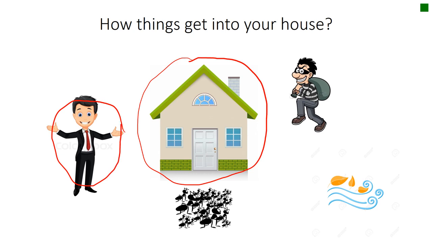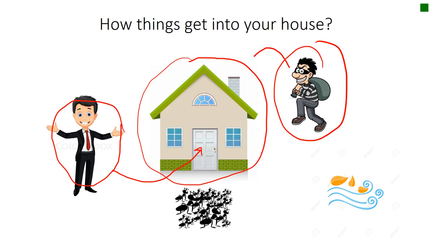Because he is the owner, he can enter the house through the main door because he has the key. However, a burglar doesn't have the main door key. That's why he has to go into the house perhaps through the chimney or break the ceiling or break the window.